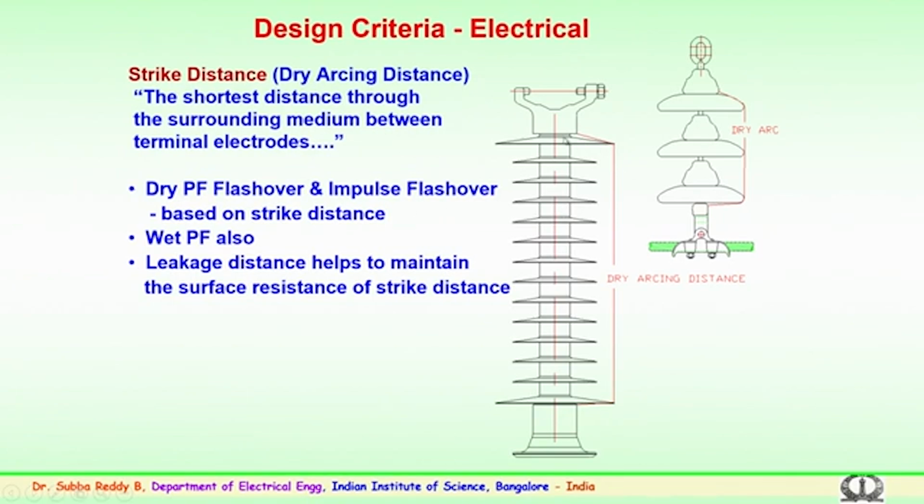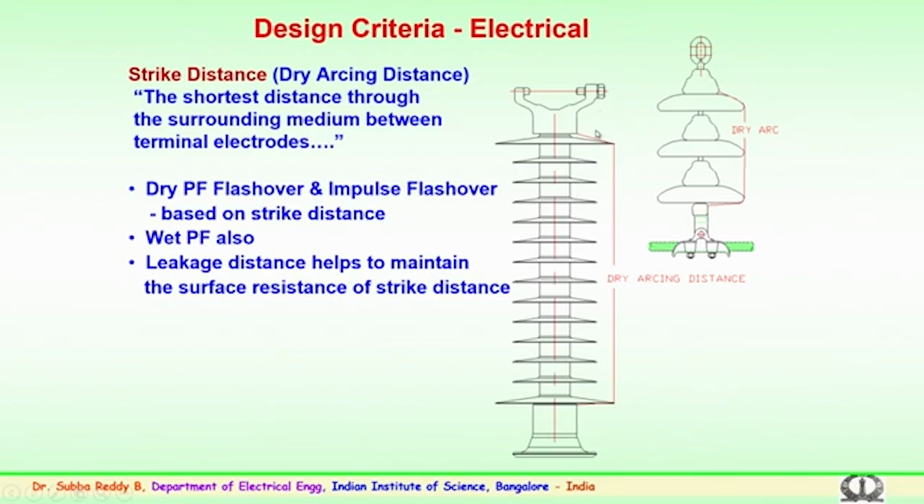You can see here, the insulator can be of porcelain, ceramic, glass or a hollow insulator. A representation here very clearly shows the metallic end fittings on both sides. Between the end fittings, there is a complete insulation.